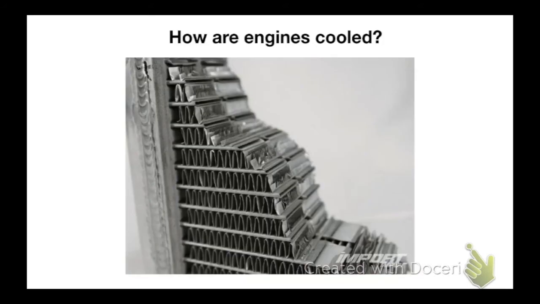So if you look at this again, here's the liquid is flowing, the coolant is flowing through there, and then out it goes. Flowing through there, flowing through there, and then heat goes from the coolant into those fins.